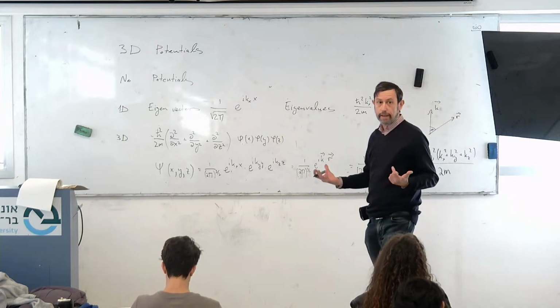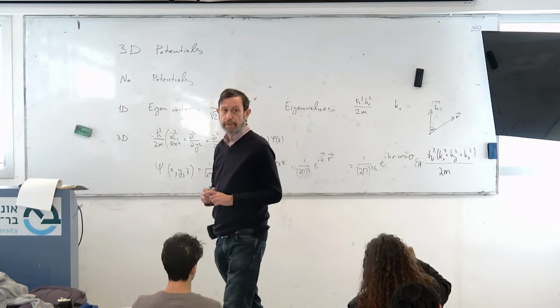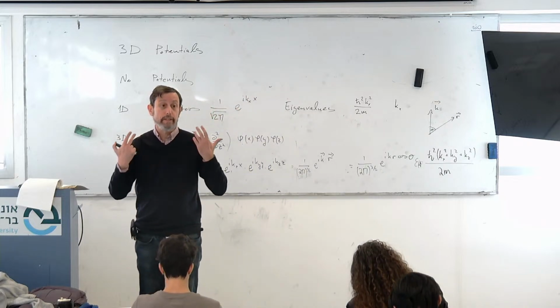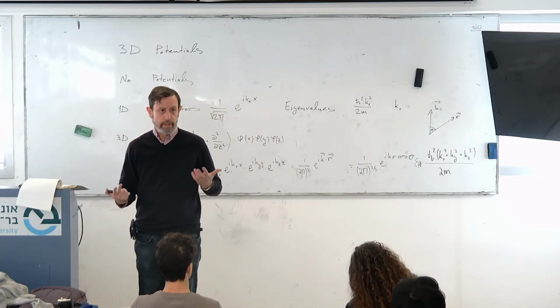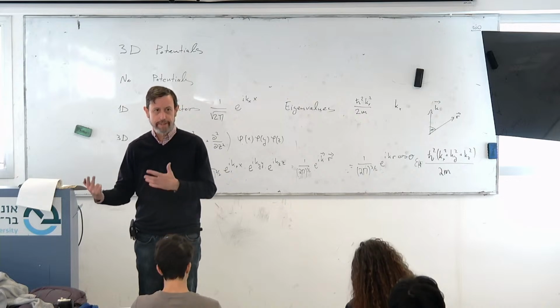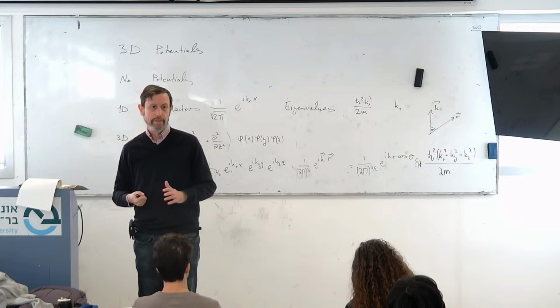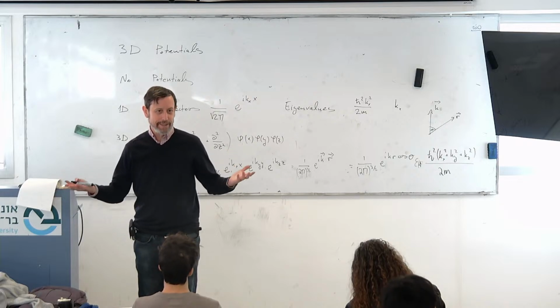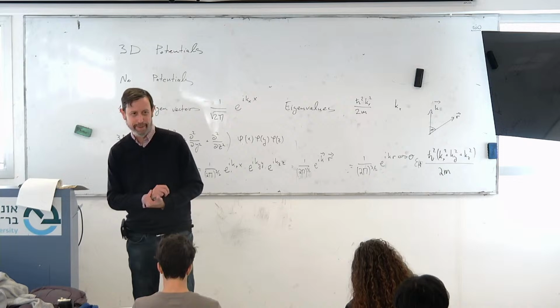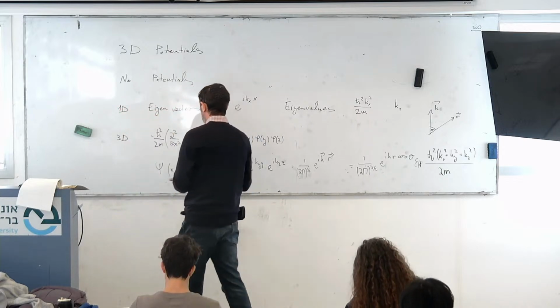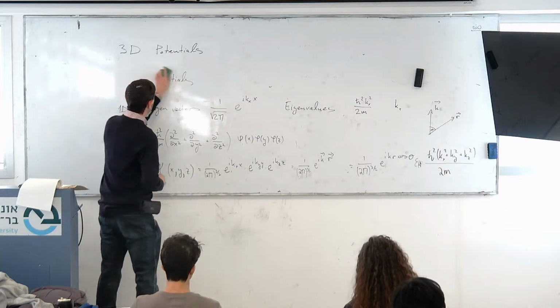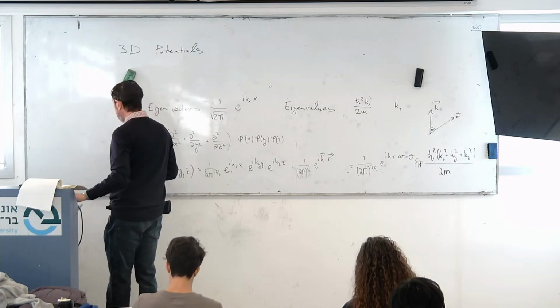Remember, here the energy is a function of vector k, and it's vector k squared. Vector k squared is kx squared plus ky squared plus kz squared. Not any other forms that you can think about. Okay, so we're already experts in no potential.